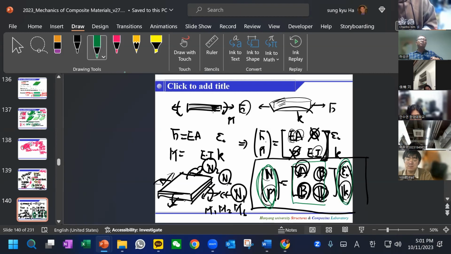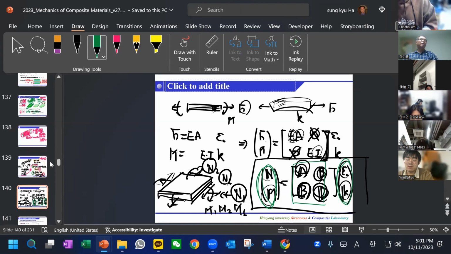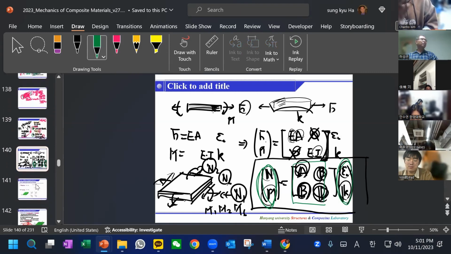Okay, so this is the final form of the laminate theory. The most important concept and equation we have to understand.